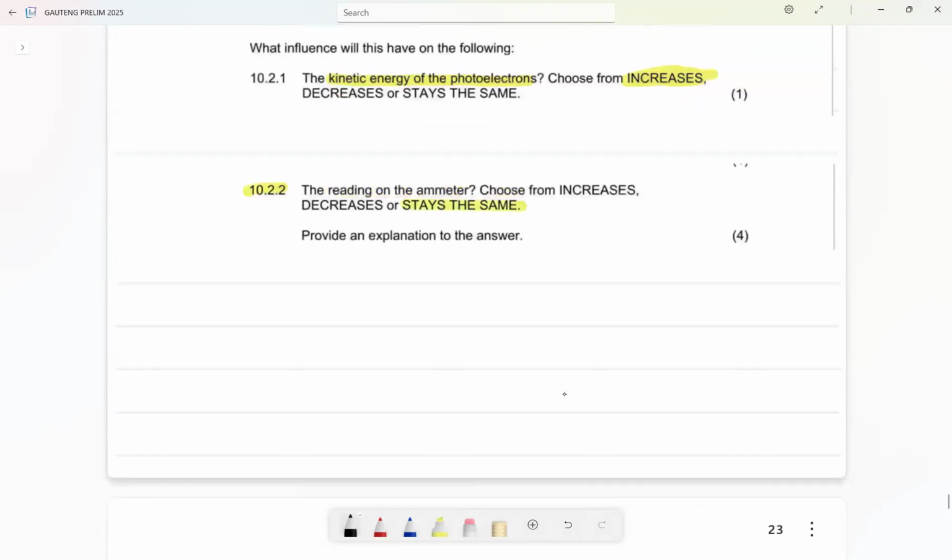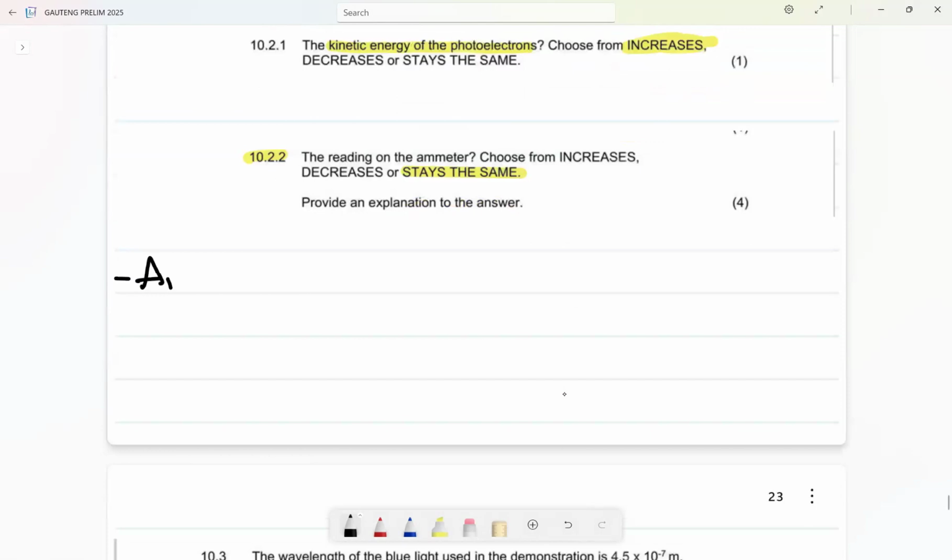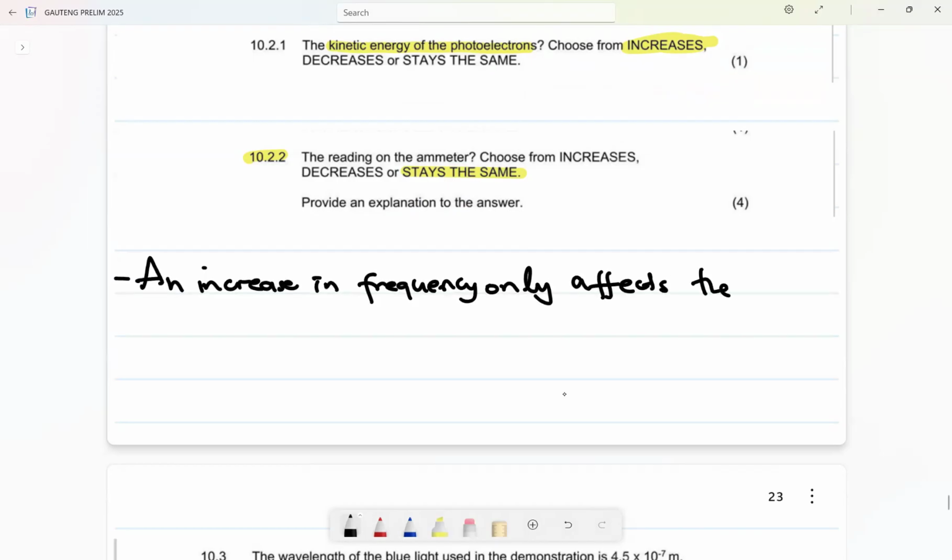So you're going to say an increase in frequency only affects the kinetic energy of the photoelectrons.